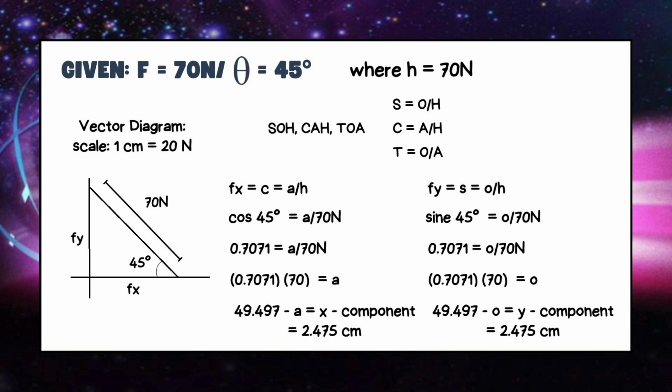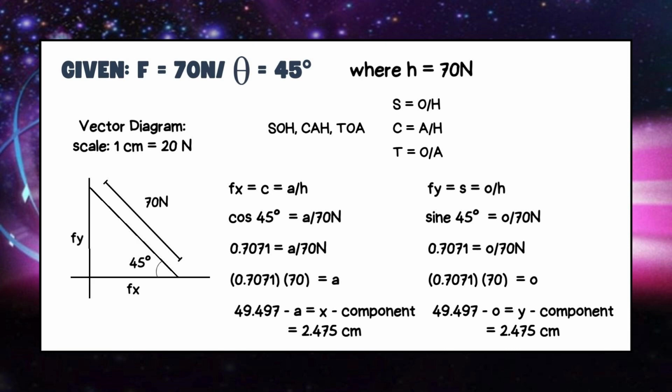So, opposite over 70 Newtons. Kaso, para masolve natin, ililipat natin yung 70 Newtons sa kabila. So, transpose, so magiging times, 0.7071 times 70 is equal to opposite. Ang sagot is 49.497 or y component.